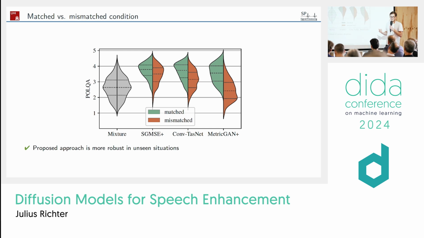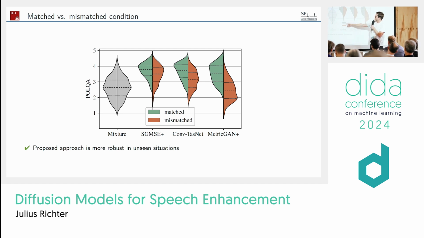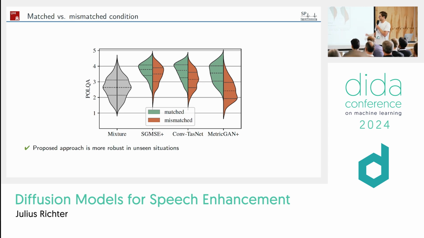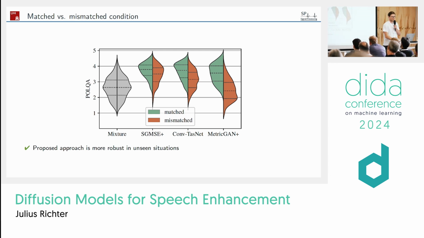That's what you expect, right? Like in a mismatched test scenario, you perform worse. But you can see that our approach, SGMSE Plus, is quite symmetric, whereas the other predictive baselines are more skewed. And this basically quite nicely shows that we are more robust in unseen situations and generalize better.